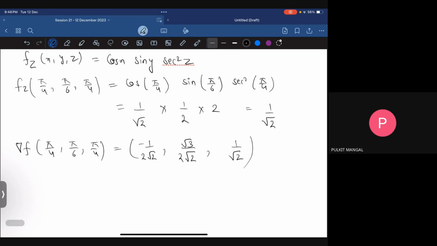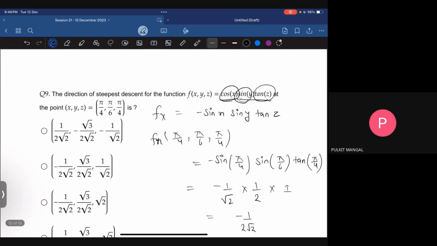Steepest ascent occurs in the direction of the gradient, steepest descent occurs in the opposite direction of the gradient. So multiply this by a negative: 1 by 2 root 2, negative root 3 by 2 root 2, negative 1 by root 2.